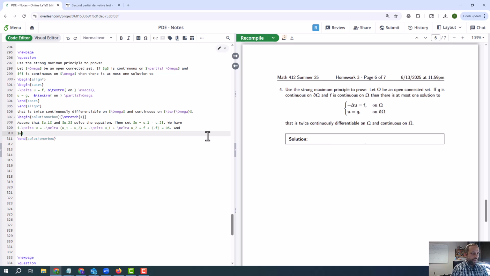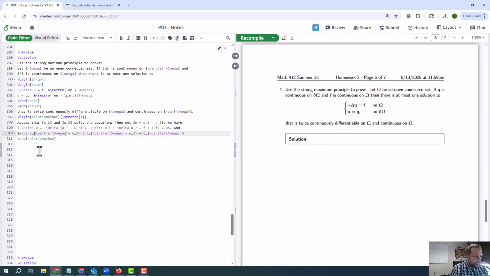And W restricted to the boundary, using the vertical bar, is equal to U1 restricted to the boundary minus U2 restricted to the boundary. Sorry, I'm going quickly here, too quickly.